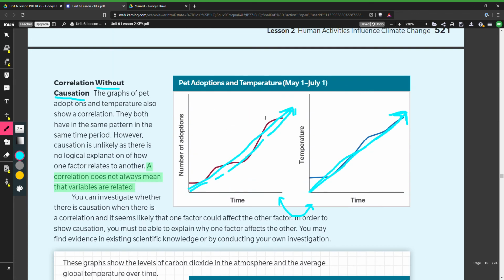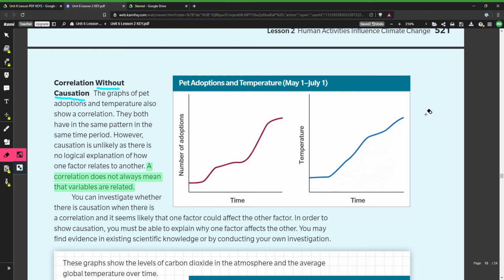A perfect example of this is one time I saw a video on YouTube, and they were talking about GMOs, right? And they had two graphs just like this, and they were like, look, as food products use more GMOs, the number of diseases also increased.